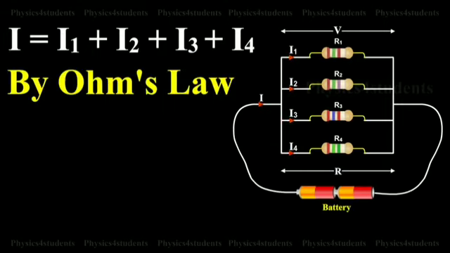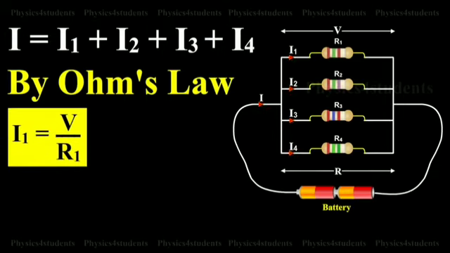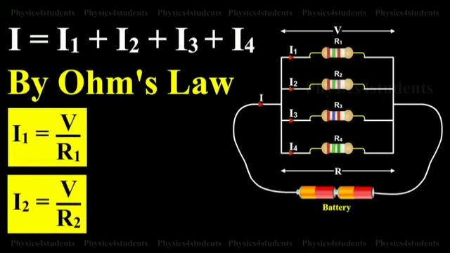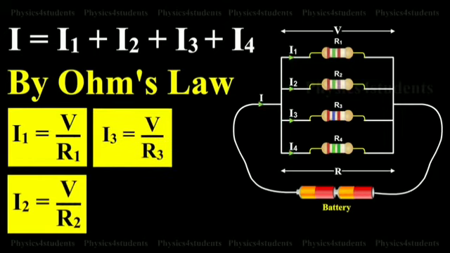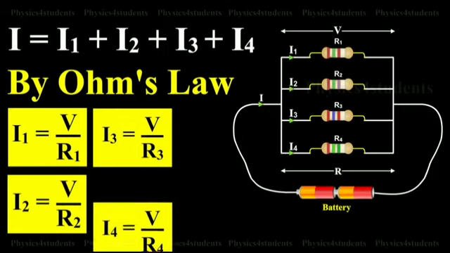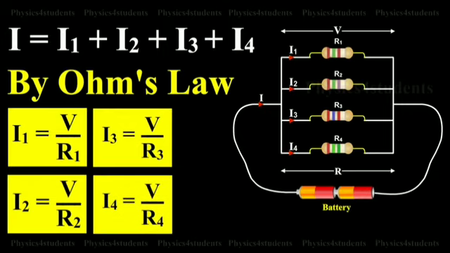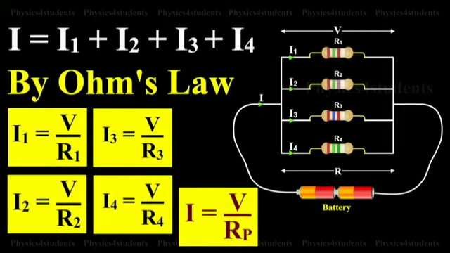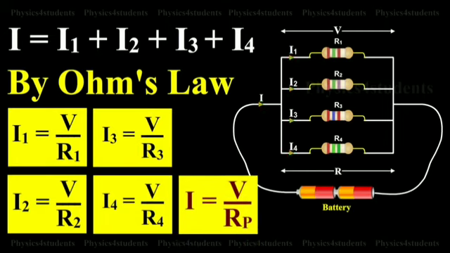Since the voltage across each resistor is the same, applying Ohm's law to each resistor, we have I1 is equal to V by R1, I2 is equal to V by R2, I3 is equal to V by R3, I4 is equal to V by R4. Substituting these values, I is equal to V by R1 plus V by R2 plus V by R3.